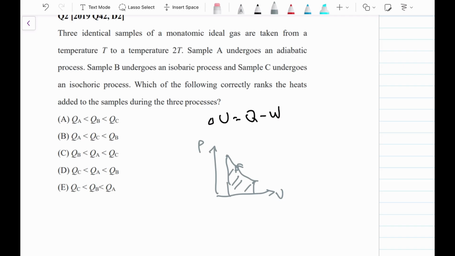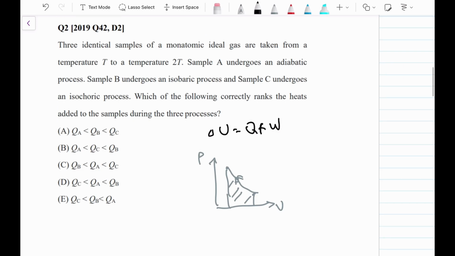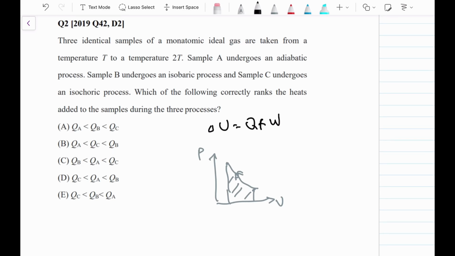If we're going to say the work done is positive, then I should change the symbol to plus, like this. So QA will definitely be smaller than the change in internal energy.